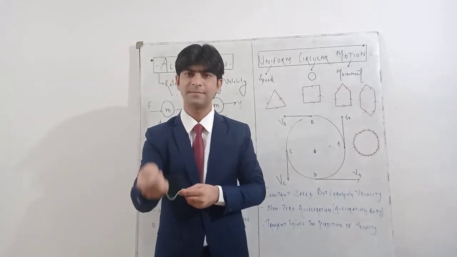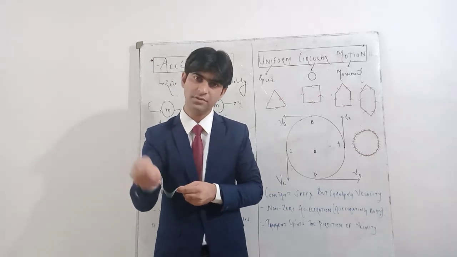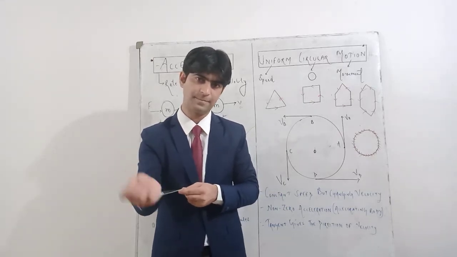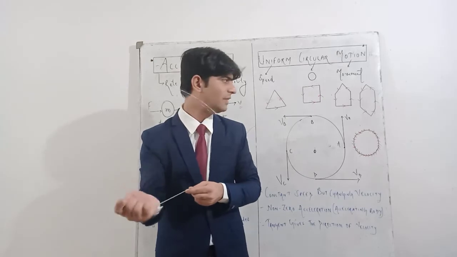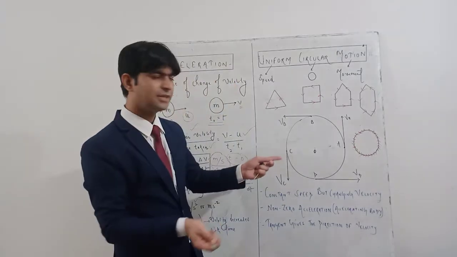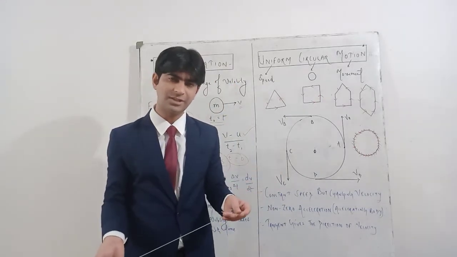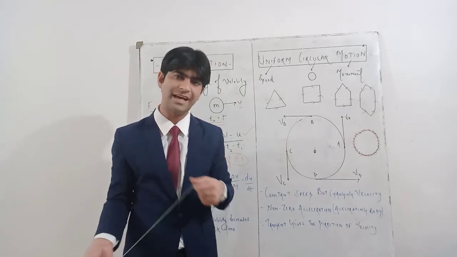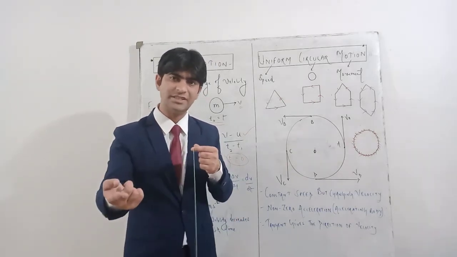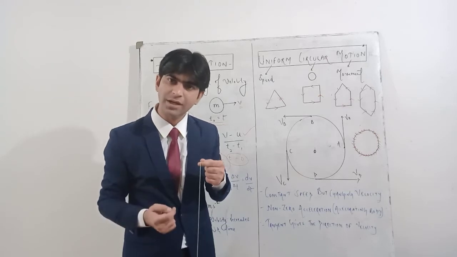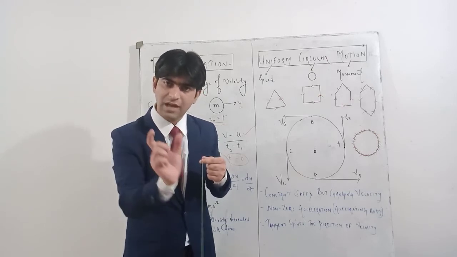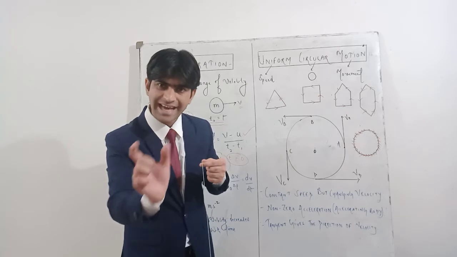The reason is, if you see here, the direction of the velocity of a body is continuously changing. We have seen in this diagram also that if a body moves in a circular path, the direction of velocity of the body will change. Velocity is a vector quantity. It will have a magnitude also, and it will have a direction also.